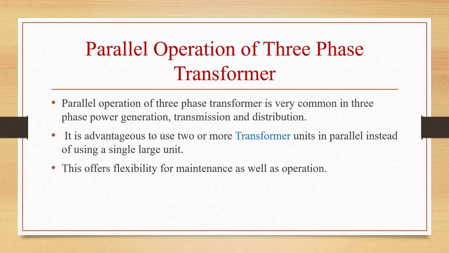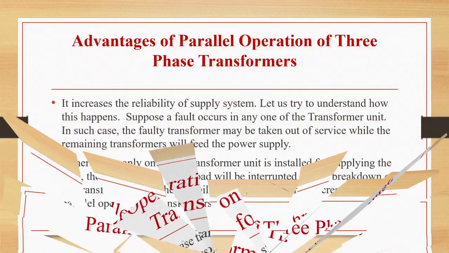Third, if a transformer has to be taken out for any repair or routine checks, it can easily be taken out while the other two or three, whatever it may be, keep working. So this offers flexibility for maintenance as well as operation.